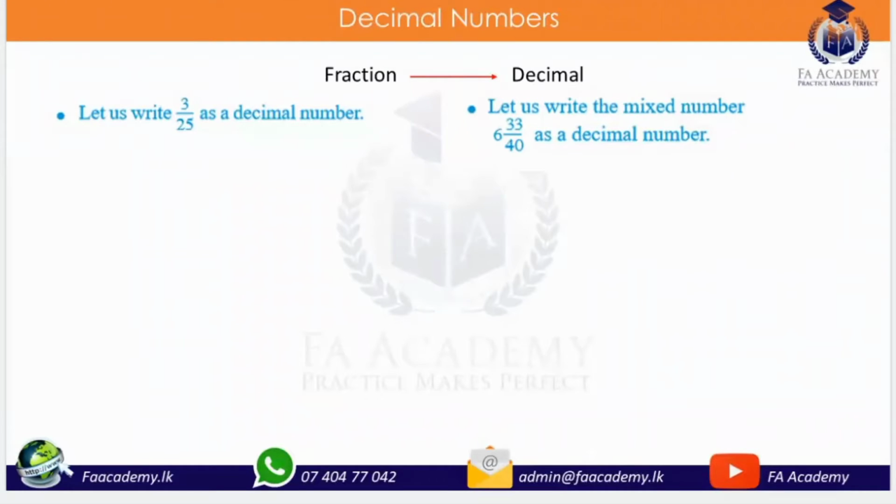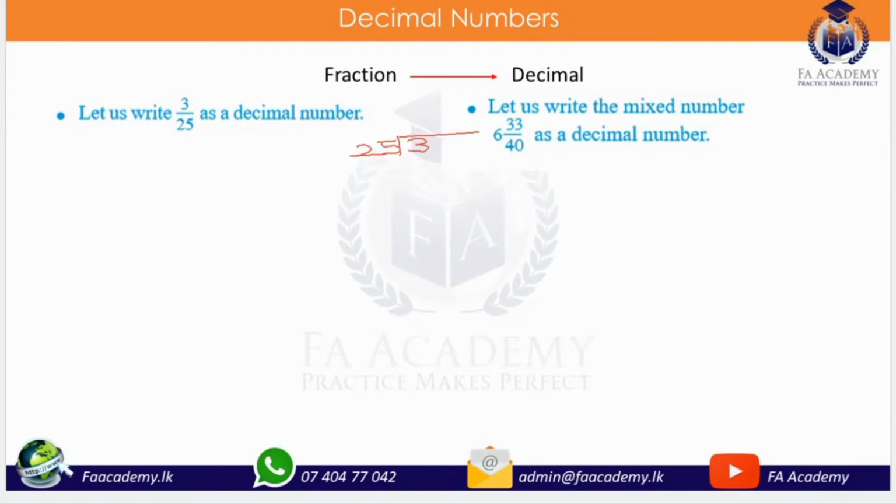I'm going to divide 3 by 25. That number should be inside the division, and 25 should be written outside the division. Always write the 3 inside because that's the numerator, and the denominator should be in front.